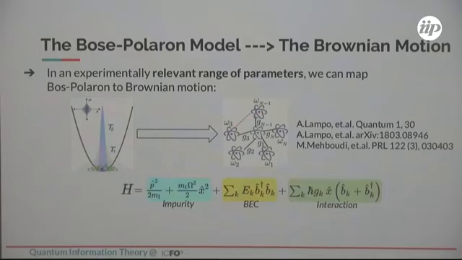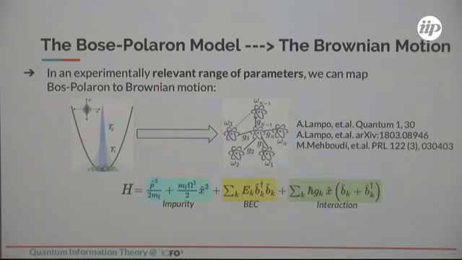These modes of the environment don't interact with each other. They just interact with the central particle, which is our impurity. And the strength of this coupling depends on the properties of your Hamiltonian, which will decide the spectral density of this environment.